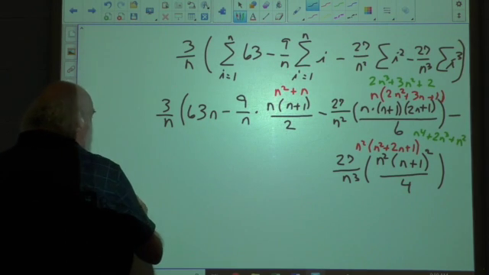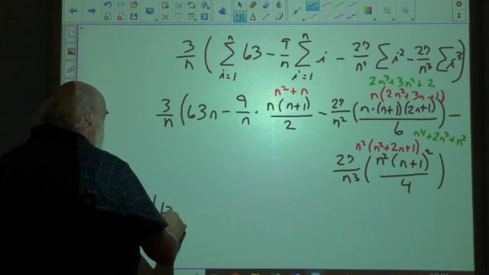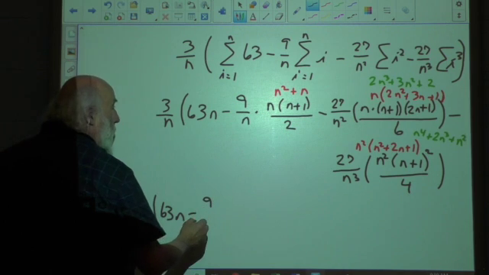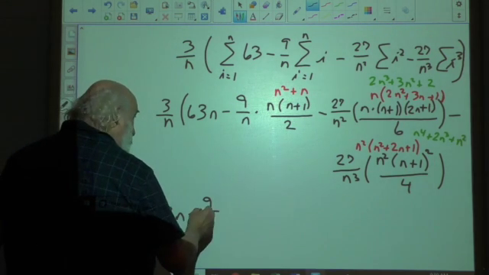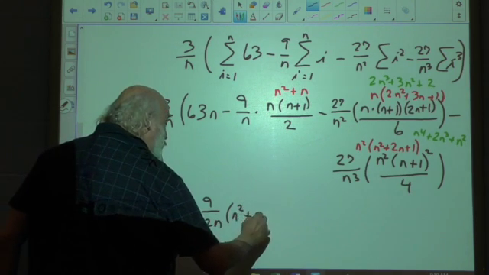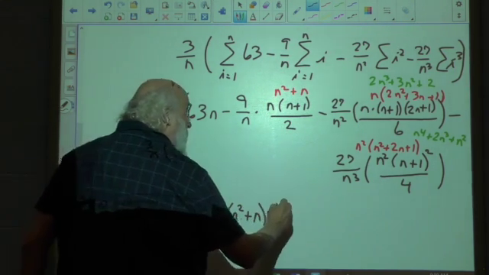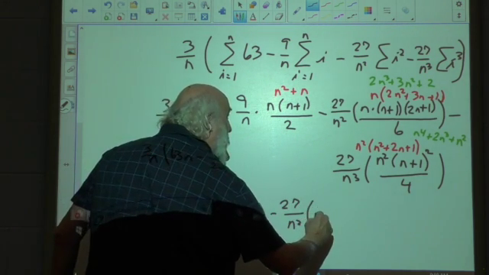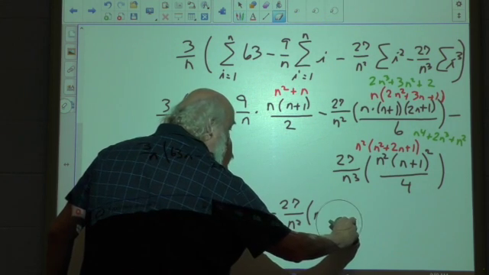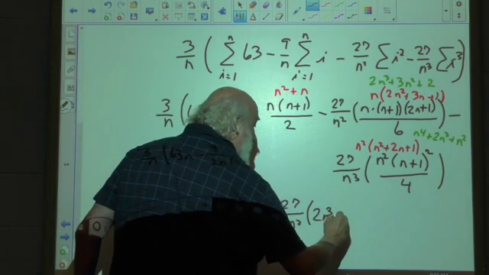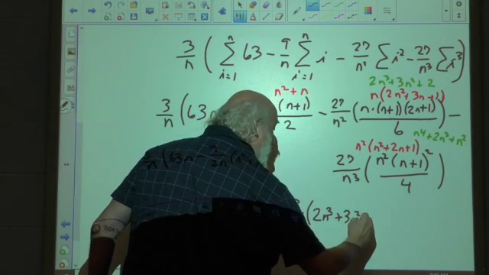And so this is going to become n times 63n minus 9 over 2n times n squared plus n minus 27 over n squared times n, 2n cubed plus 3n squared plus 2.